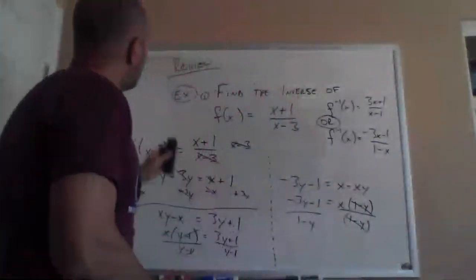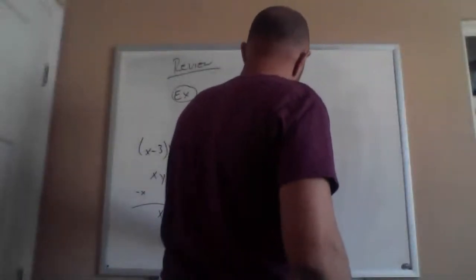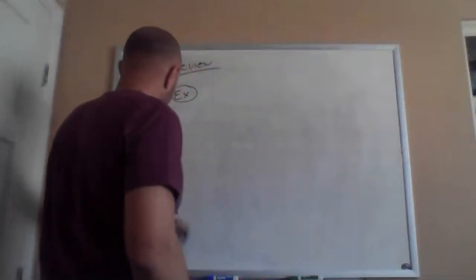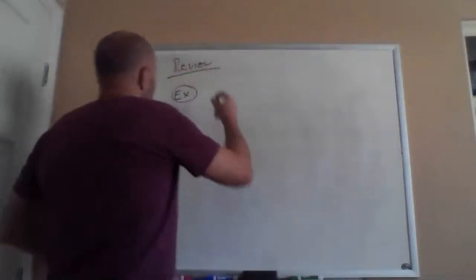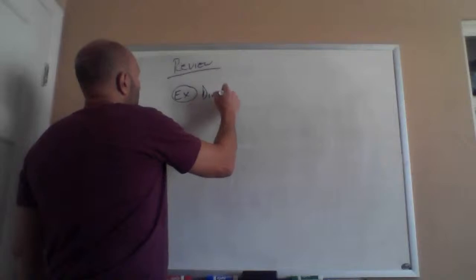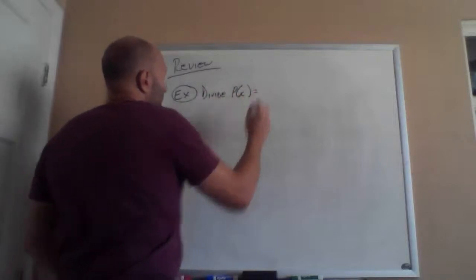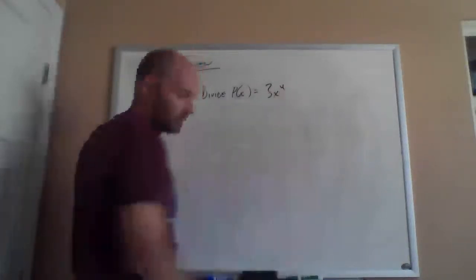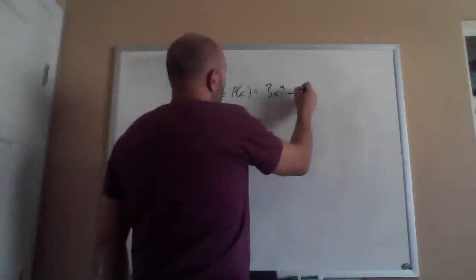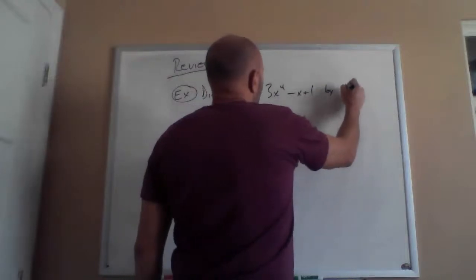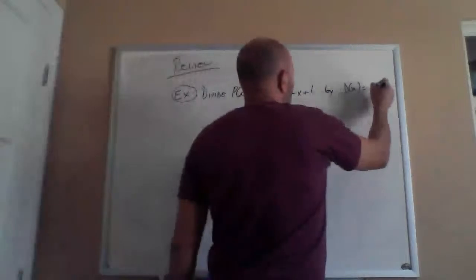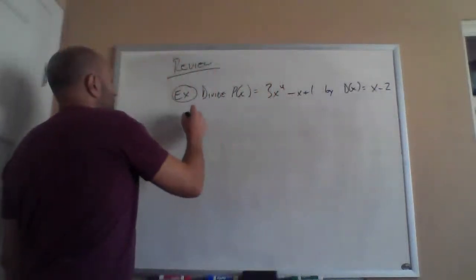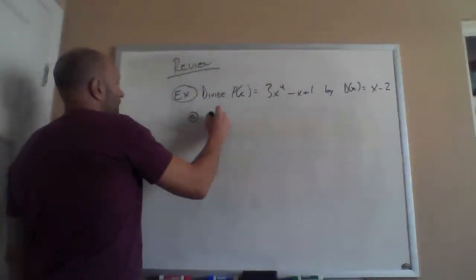So our next review problem here. Divide p of x, which is equal to 3x to the fourth minus x plus 1, by d of x, which is equal to x minus 2, in two parts.